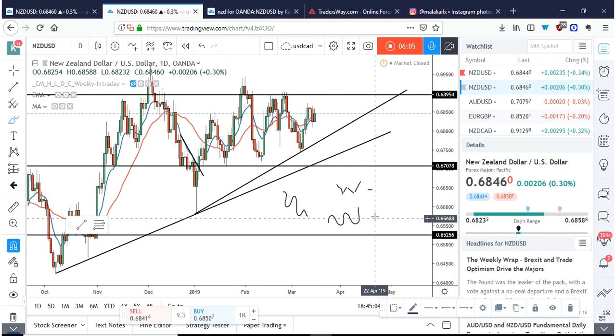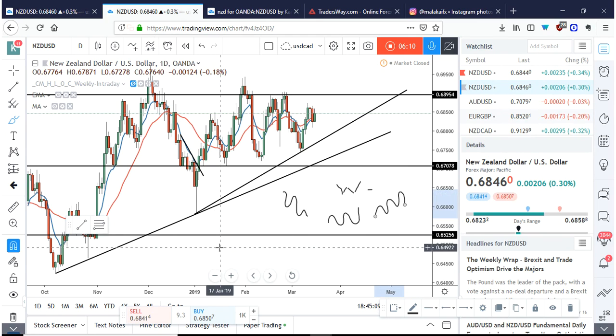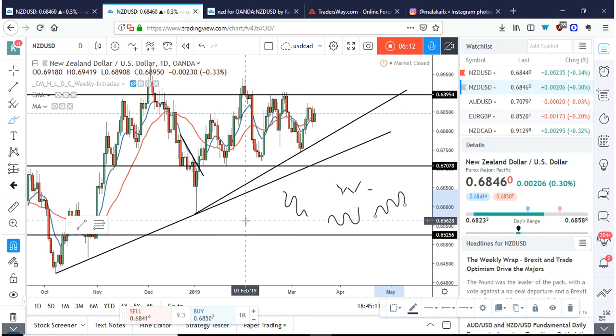Or is it moving upwards? And then you need to look at the moving averages on the weekly. Have they crossed? Is price below the blue, above the blue? Is it above the red, below the red? If it's above the red, that's also an indication, like here, that the price is moving upwards.